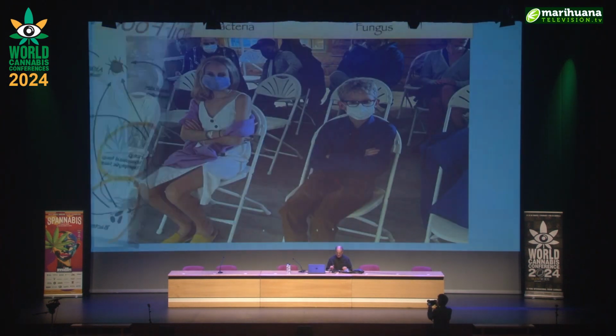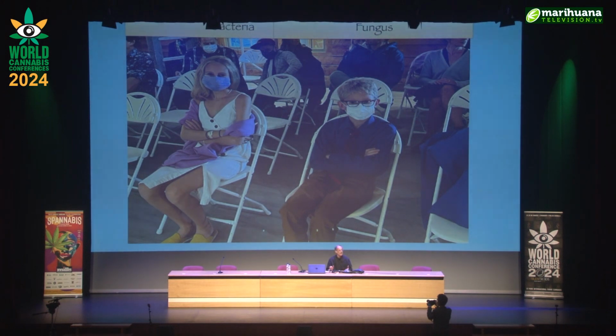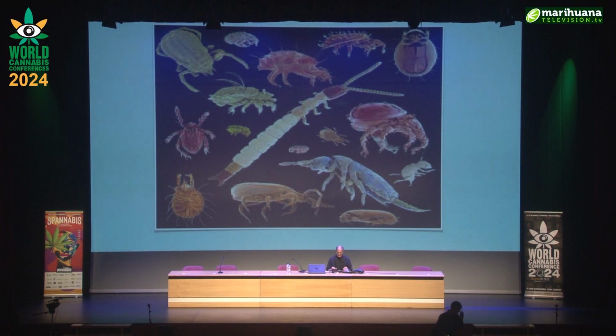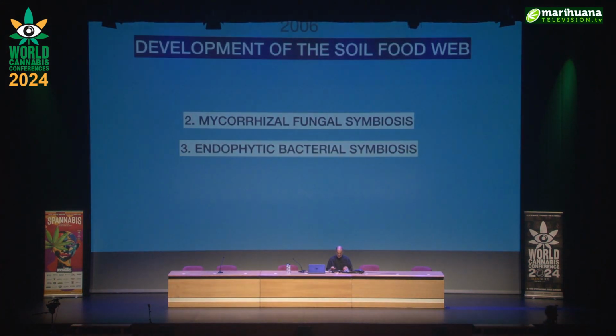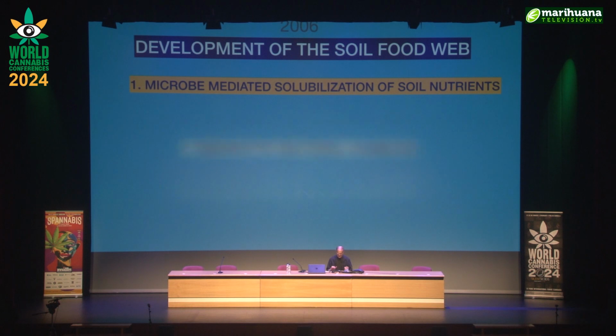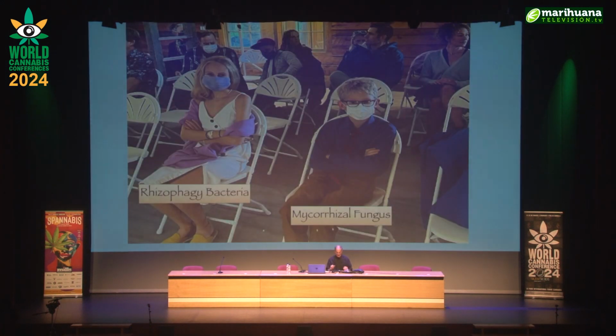So it's a very simple system, and it involved the bacteria and fungus, and the bigger guys that eat the bacteria and fungus, and it's known as the microbe-mediated solubilization of soil nutrients, or as Dr. Elaine Ingham likes to call it, the poop loop, because that's what it is.